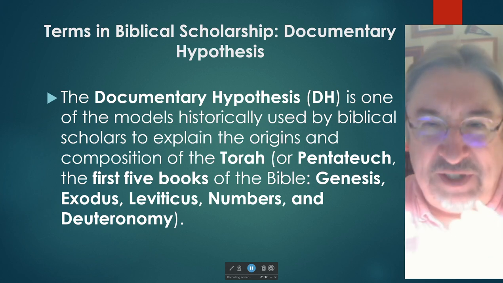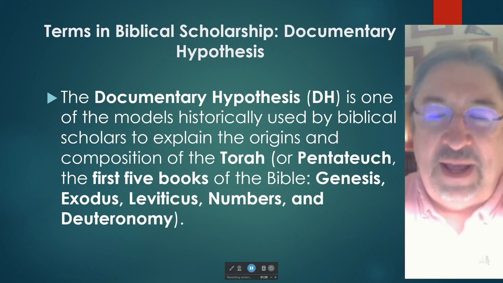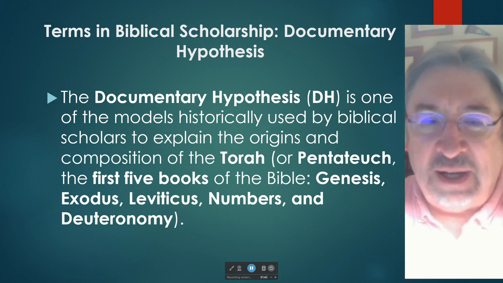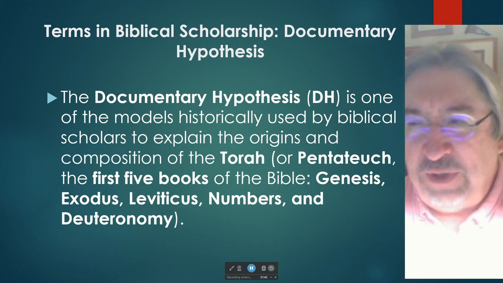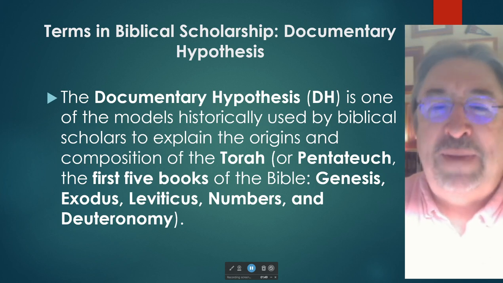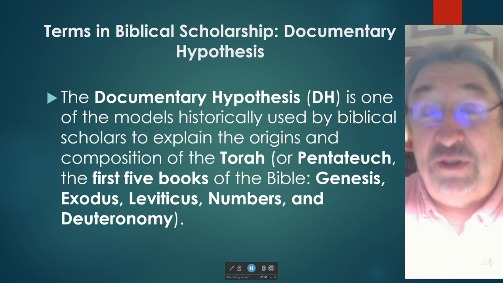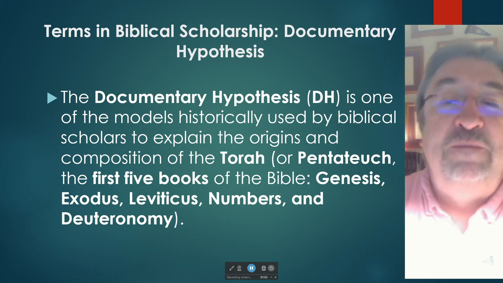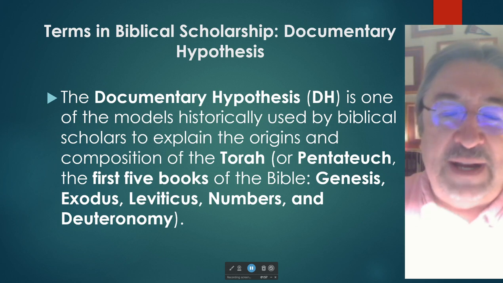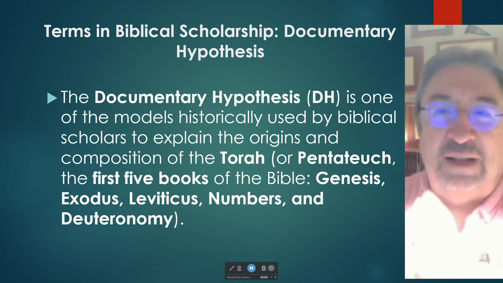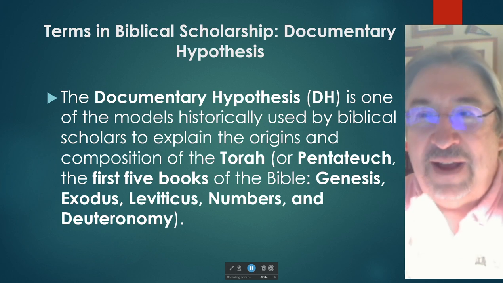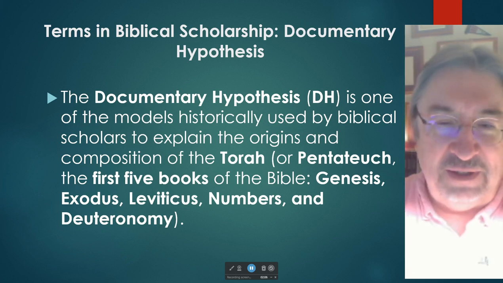It's one of several models that biblical scholars have historically used to explain the origins of the Hebrew Bible, especially the Torah, and the composition of the Torah. Now, the Torah is essentially the first 5 books of the Protestant Old Testament.